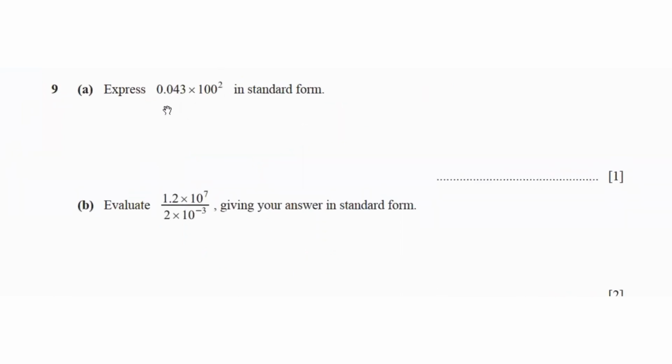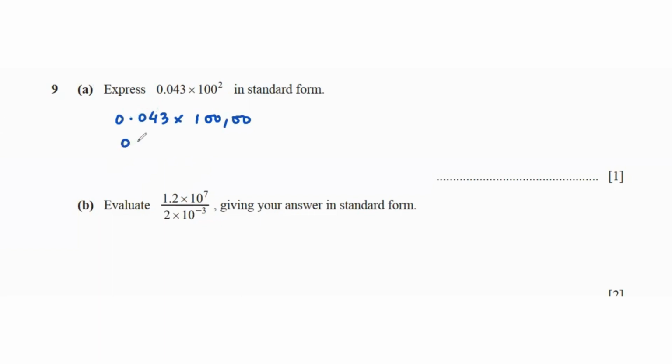Question 9 says express 0.043 times 100 squared in standard form. So we're going to do 0.043 times 100 squared. That's going to be 4 zeros.